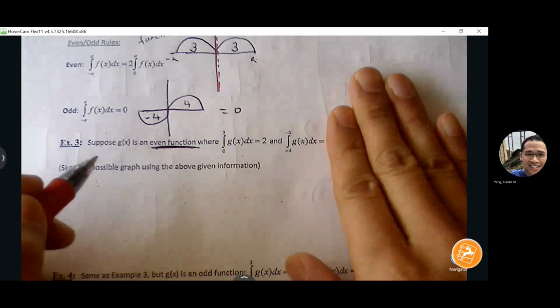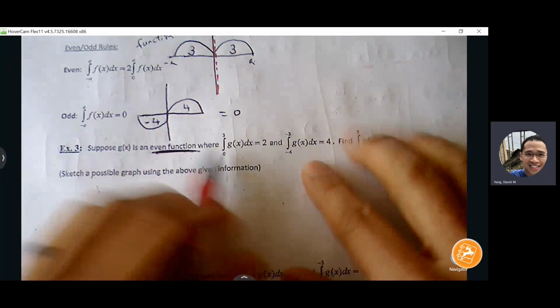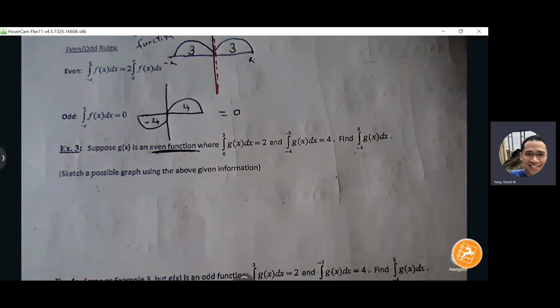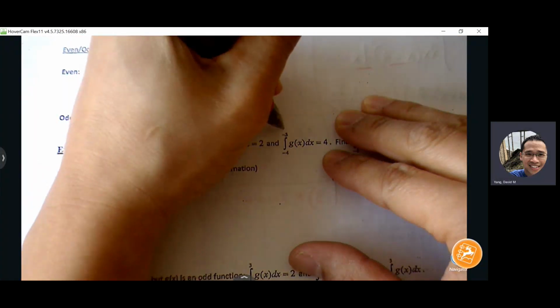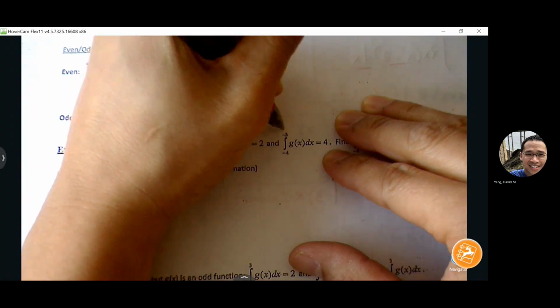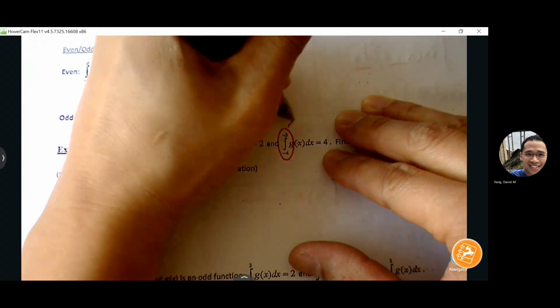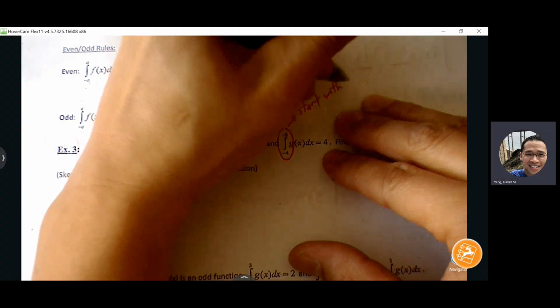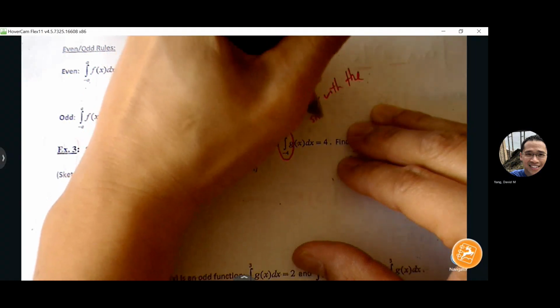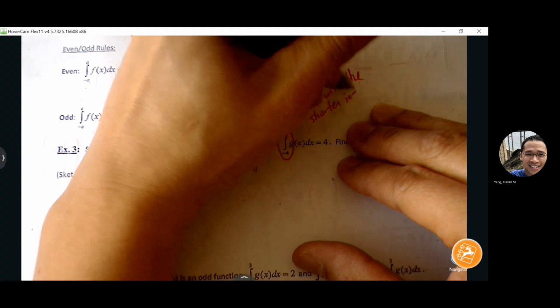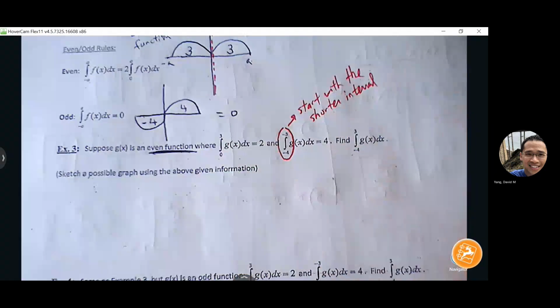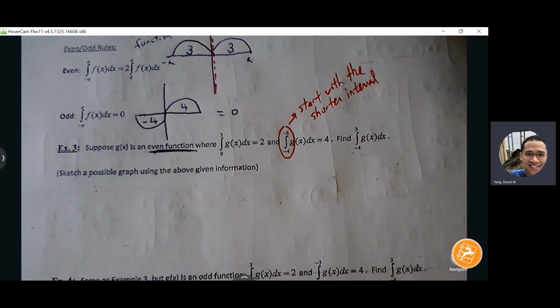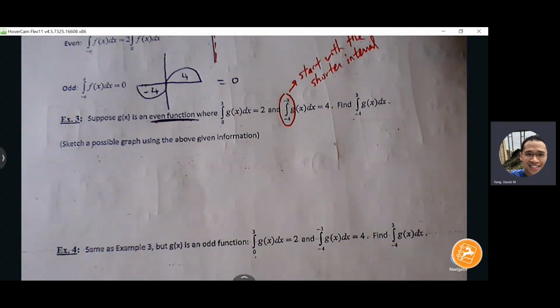But here's how I want us to start. Okay, you're given 2 regions that you're going to build, but always start with a shorter interval. I think that is going to help prevent some issues, because we never want to do overlaps.